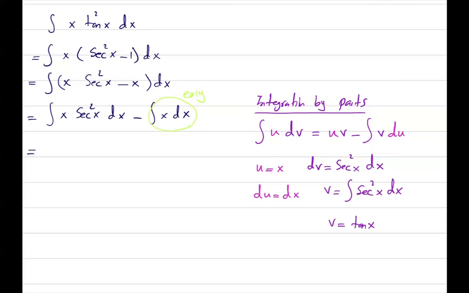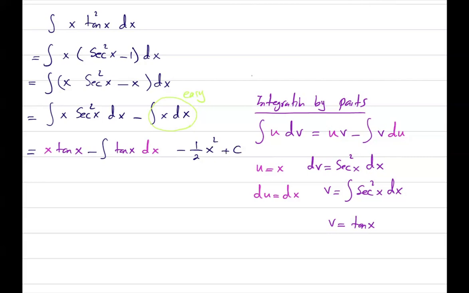This is equal to uv, which is x times tangent of x, minus the integral of v du, which is tangent of x dx. And the other integral that I wrote down is easy, it is nothing but a half x squared plus constant of integration.